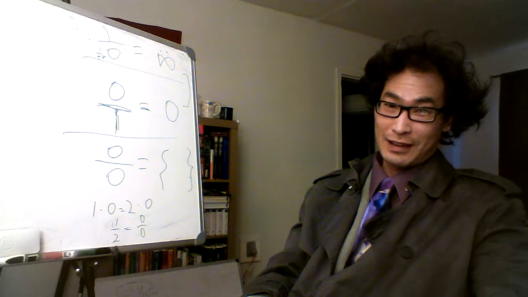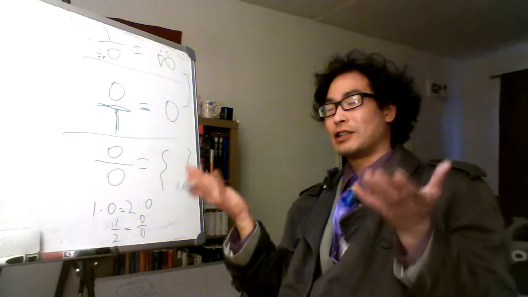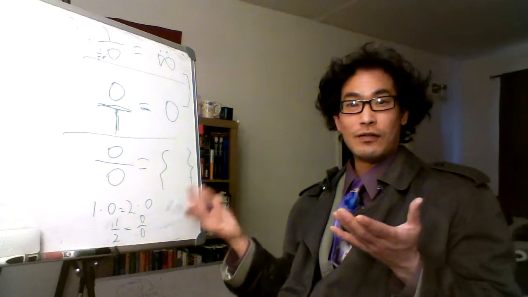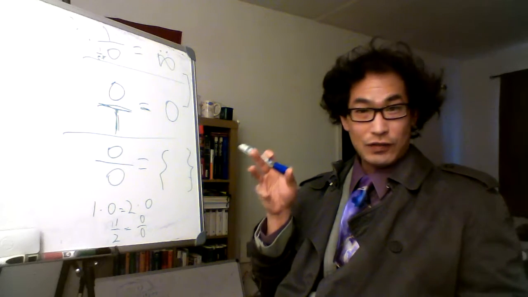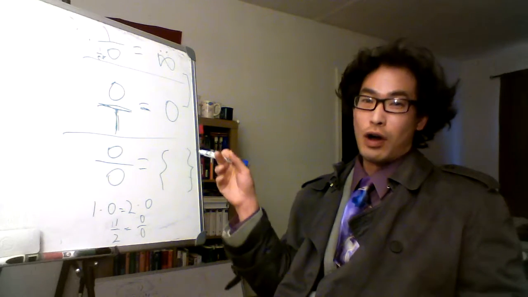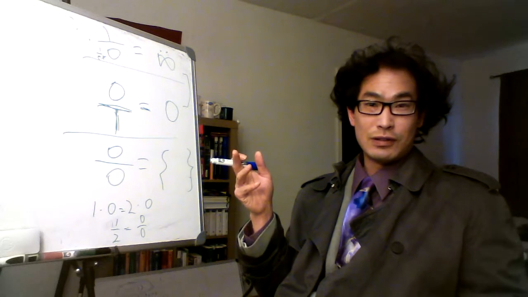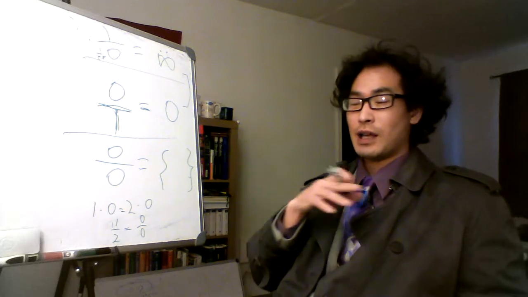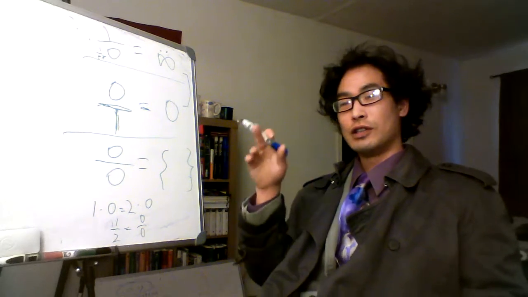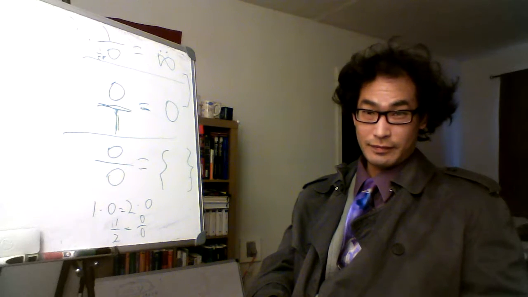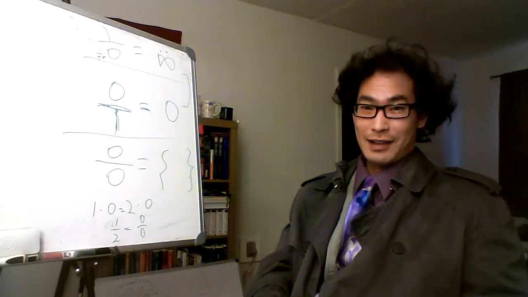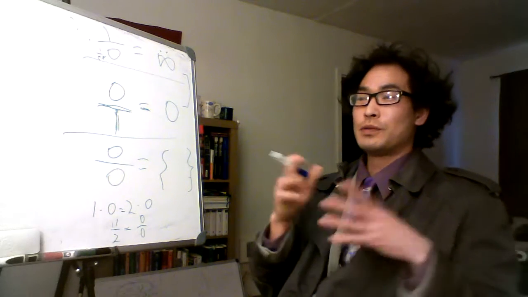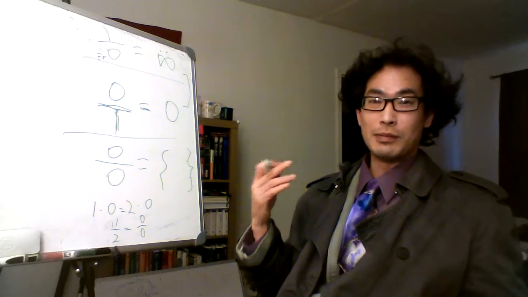Okay? That's the symmetric duality between zero and infinity. Why? Because if you remember, infinity plus one is infinity, right? So infinity absorbs everything when it comes to addition. But zero absorbs everything in terms of multiplication.